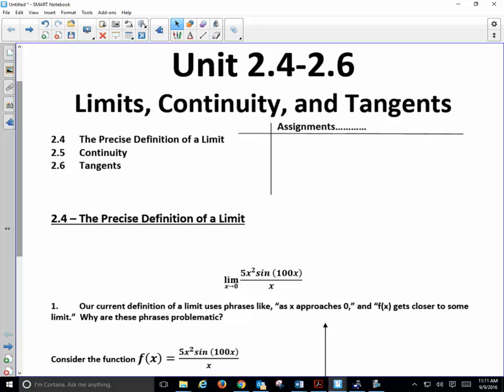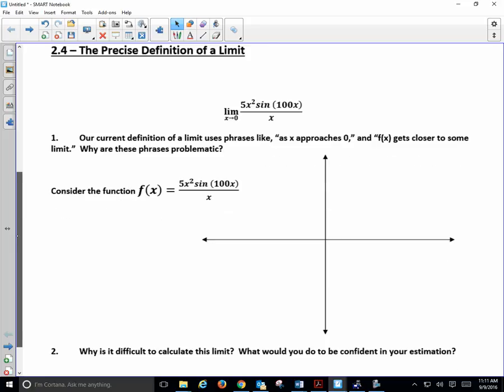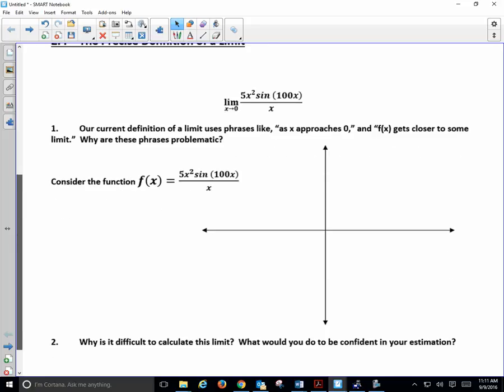Okay, you ready? This is the big idea. We need a precise definition of a limit. So far, our current definition for a limit uses phrases like as x approaches 0 and f of x gets closer to some limit. And these phrases are problematic.